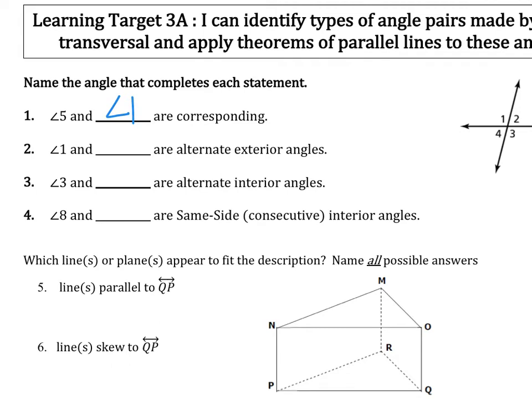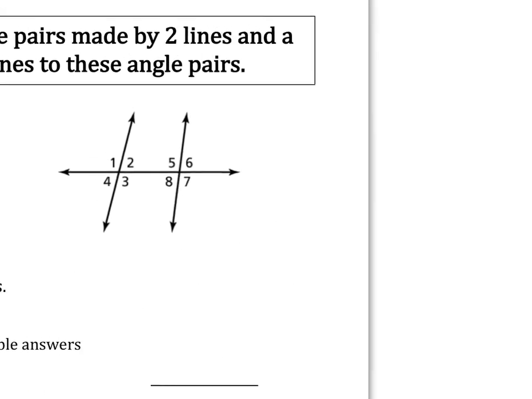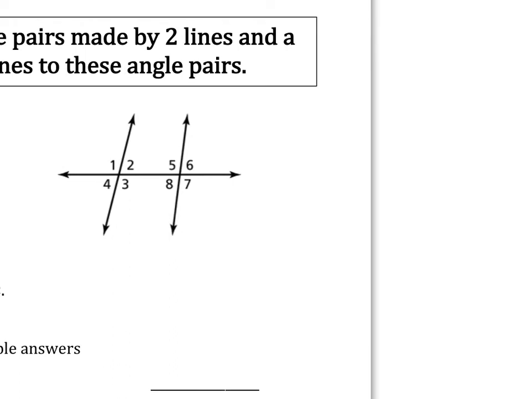Now angle 1, again we changed that if you have the old one, is an alternate exterior angle to which angle? Angle 1 is alternate exterior. Well, remember, you could think of this like a house. These guys are interior, like the interior designer. These guys are exterior. Okay, so we want alternate exterior with angle 1. Again, there's angle 1 right there.